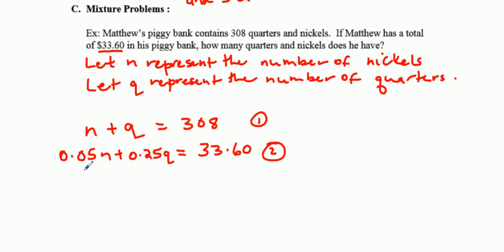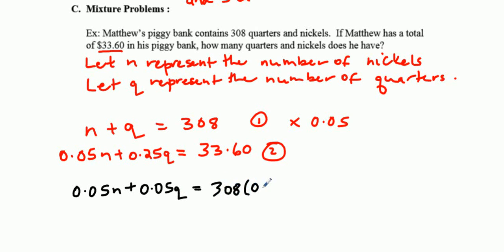So I'm going to multiply this one by 0.05. I could have multiplied it by 0.25. It doesn't matter. So this is going to be 0.05 N plus 0.05 Q is equal to 308, times 0.05.